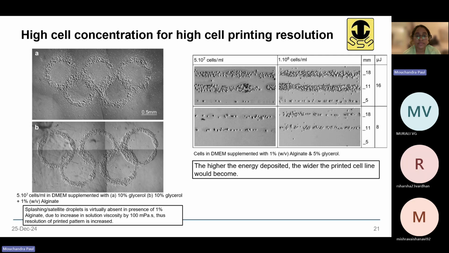Again, I'll come back to my question. Can any one of you try to explain why we don't get any droplets for either of the cell numbers when we are using 8 microjoule of laser energy for a small pinhole size, that is 5 mm? Why are there no droplets?